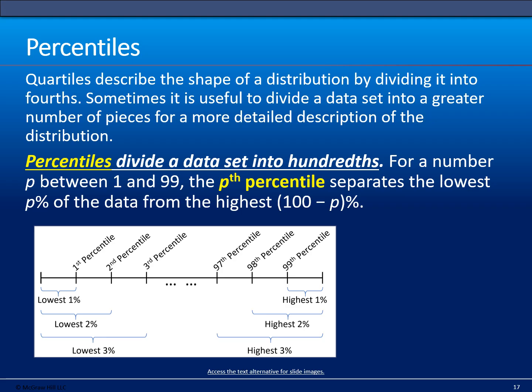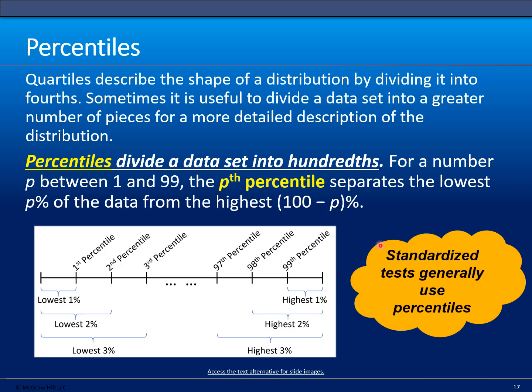For a number p, the percentile between 1 and 99, the pth percentile, so if p equals 1, it's the first percentile, separates the lowest p% of the data from the highest 100 minus p. Now this is a confusing wording to explain this, but most of you understand this because standardized testing generally uses this.